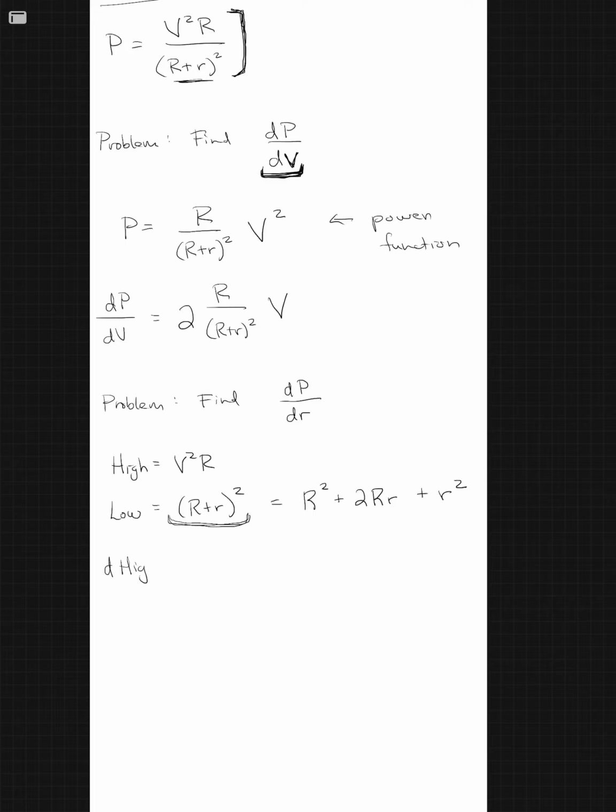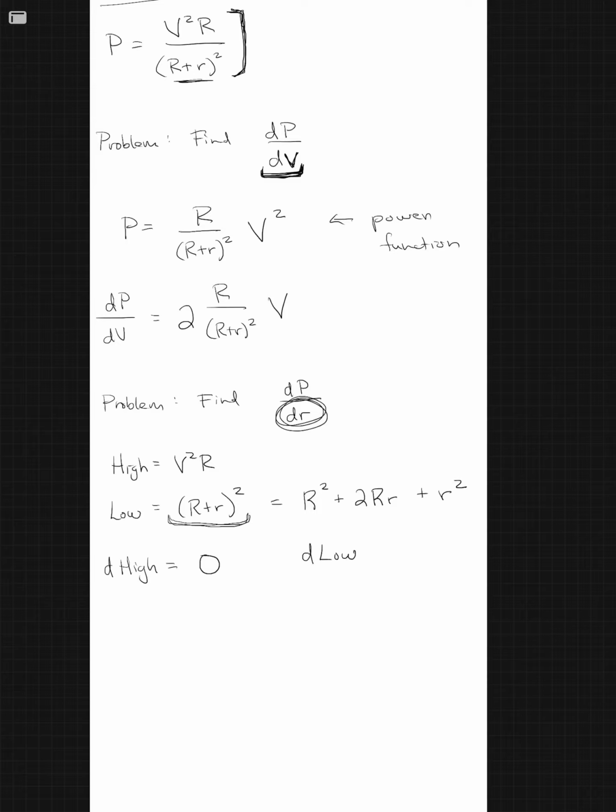Now, d high in this case is nice and simple because there's no little r's there, right? So if our problem is to find the derivative with respect to little r, every letter that's not a little r is a constant, right? And if we remember from last section, the derivative of a constant is 0, right?